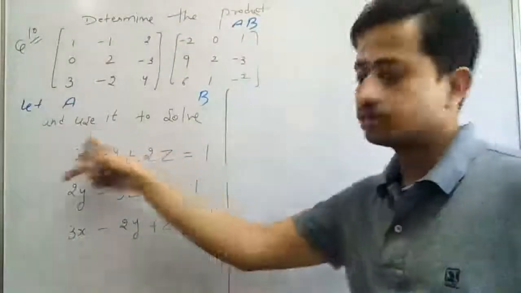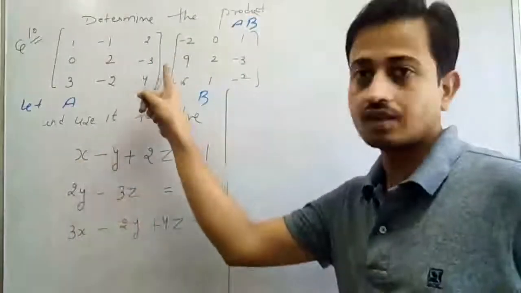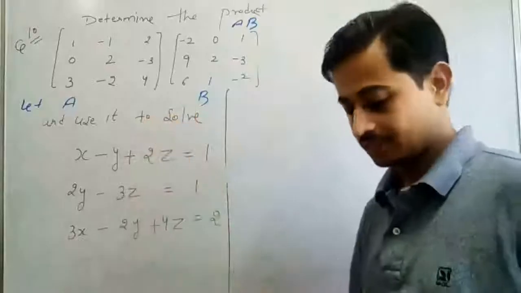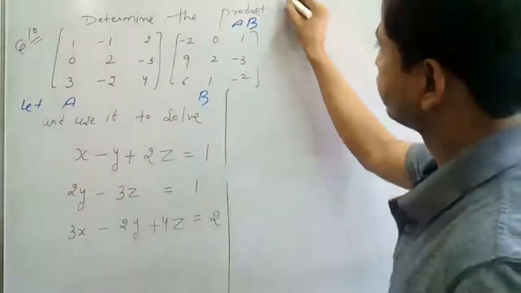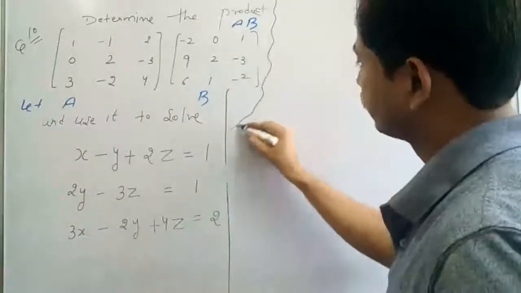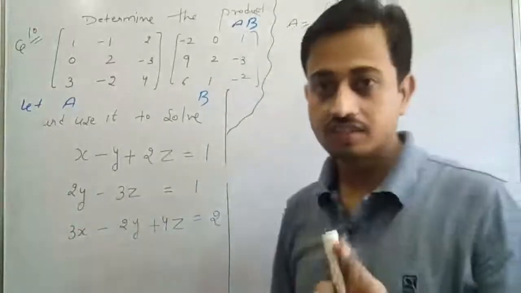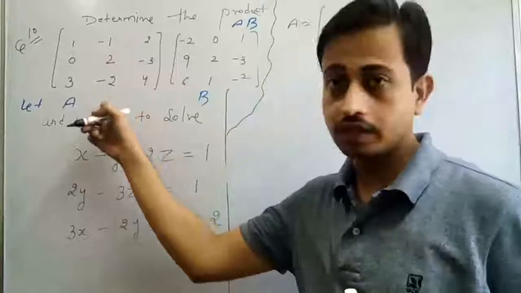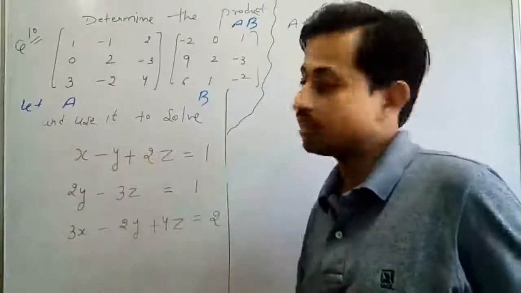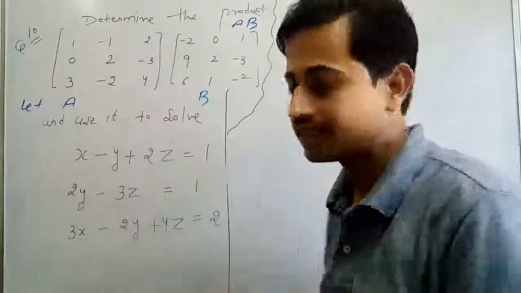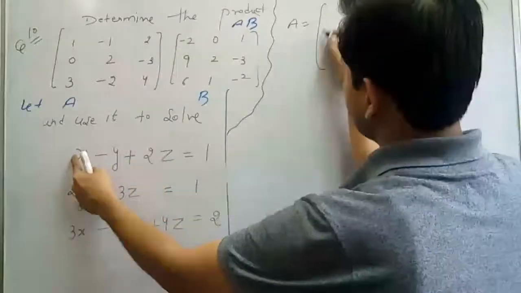Now we have to solve this using the result of this product. So first write A. A is the coefficient matrix. I am checking whether this is also A or not. Coefficient of X is 1.